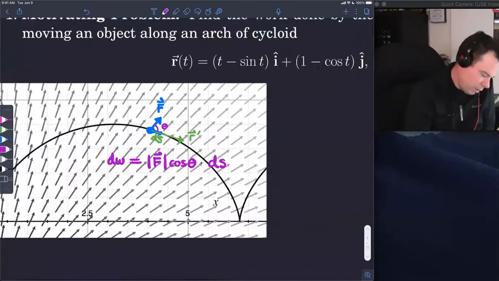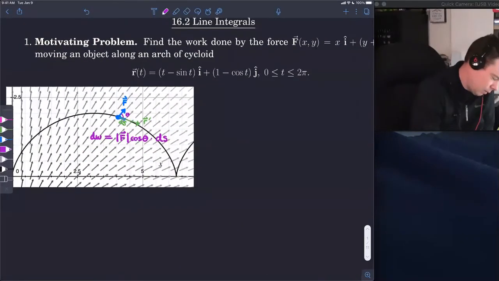So I'm going to zoom out now and rewrite this formula just on the side here. What we have is that work is equal to force times distance.